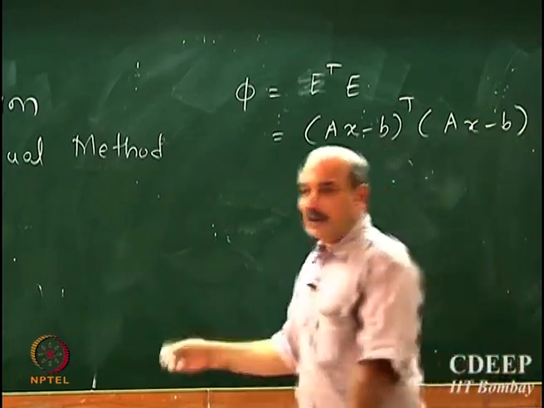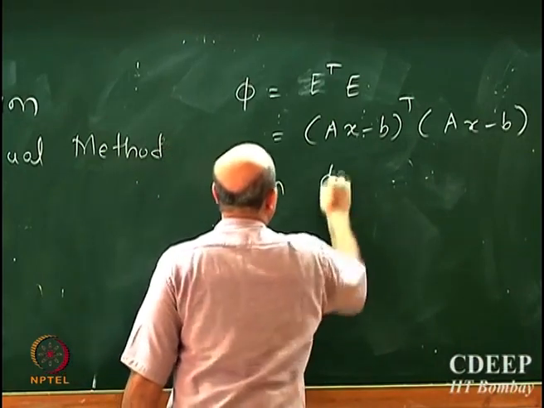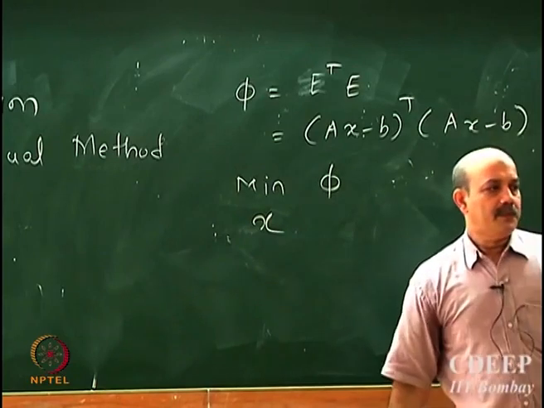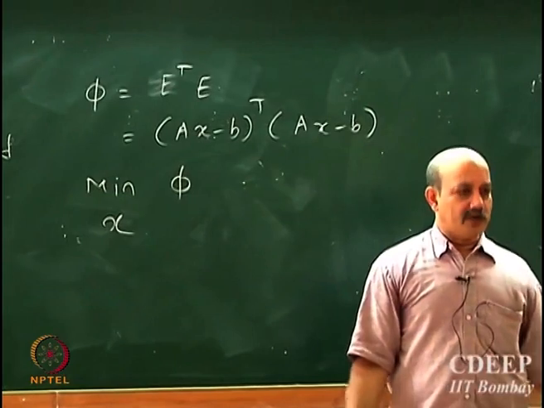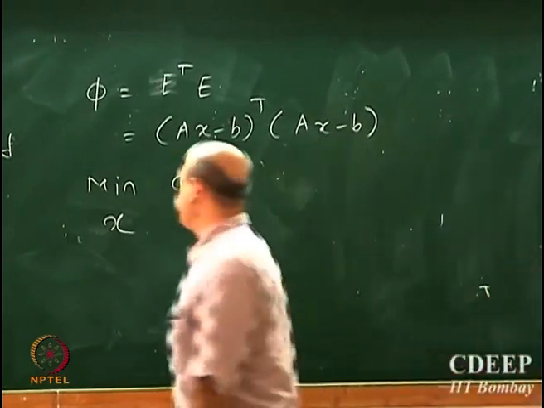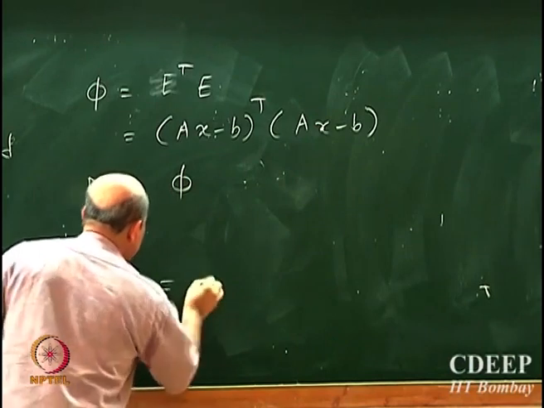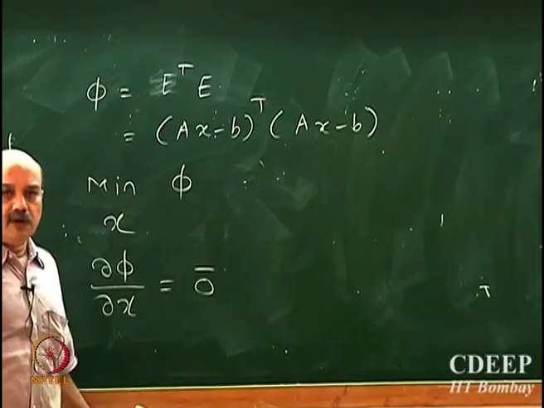And now I say, minimize phi with respect to x. How do you get the minimum? First derivative equal to 0, right. So dou phi by dou x is equal to 0. Can you solve this? What will you get?